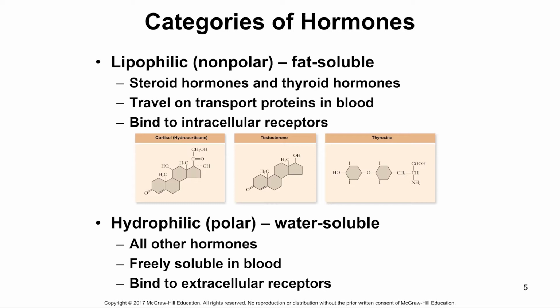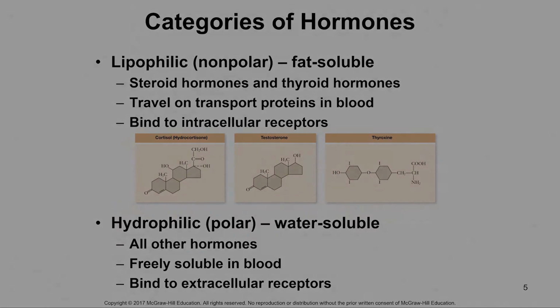Now, the other hormones are hydrophilic or water-soluble, and so they're soluble in blood, so they don't require a transport protein to go from where they're secreted to the site of action. And these water-soluble hormones do not move into the target cells. They instead bind to receptors that are located in the cell membrane of the target cell.